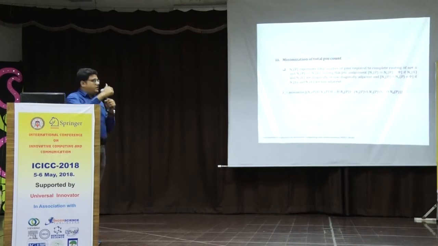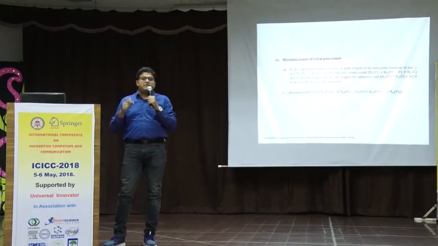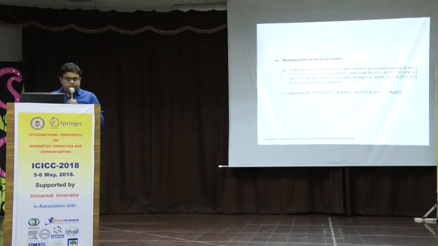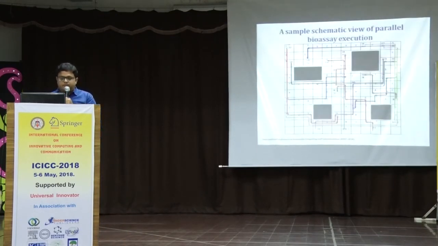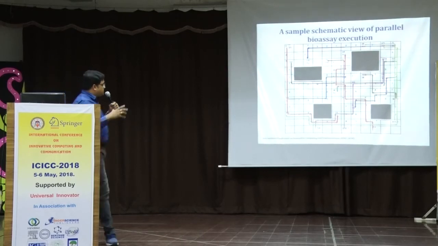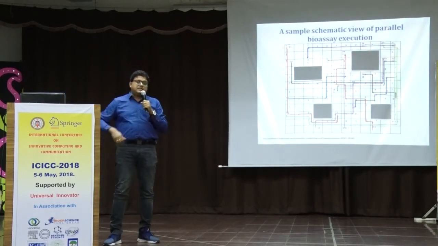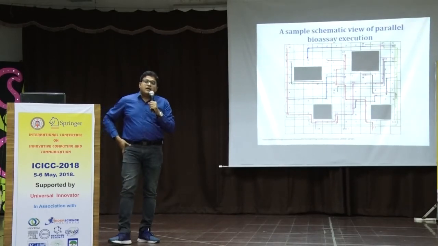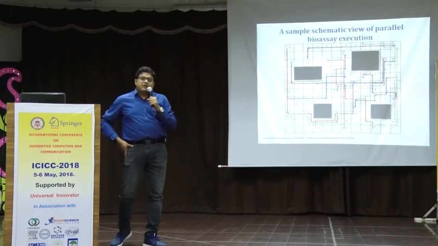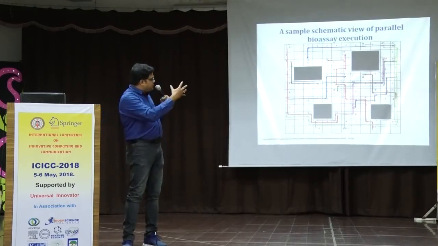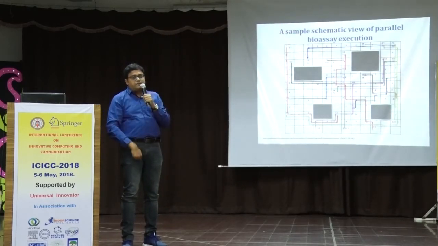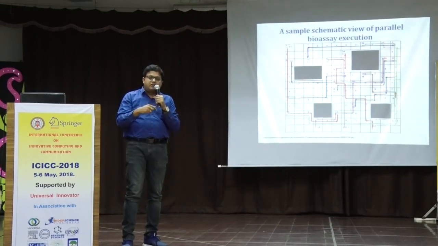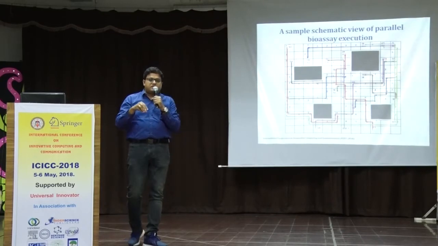So that is the overall completion time that we can minimize. And finally, as we have already talked about, we need to minimize the overall time required to execute the bioassay protocol. And this is probably the output of this computer optimization technique: whenever a biochip is given a certain bioassay protocol, finally we produce this kind of routing map, where the black shaded regions are the blocked cells, they may be faulty or there may be some on-chip reservoir placed over there.